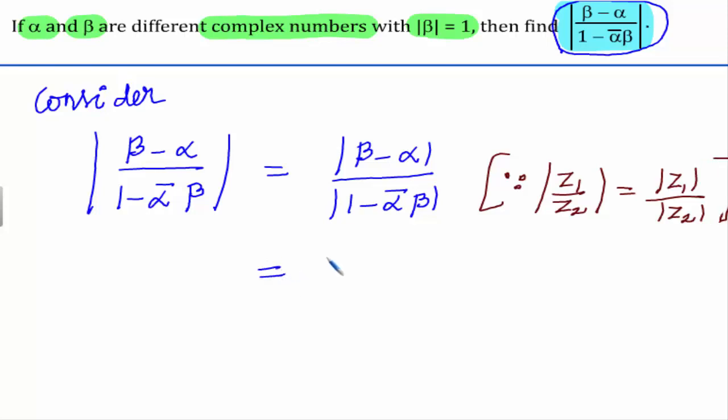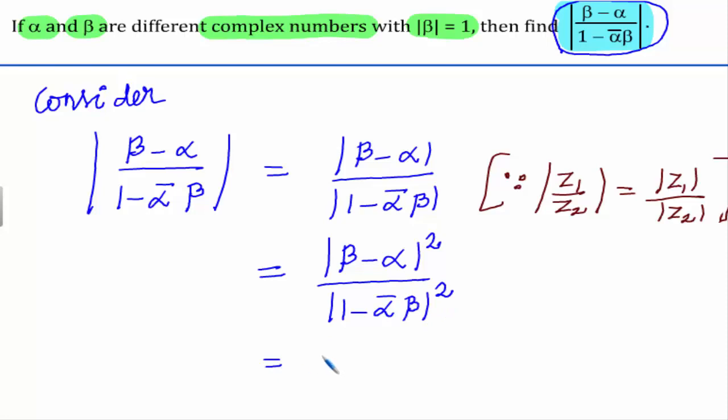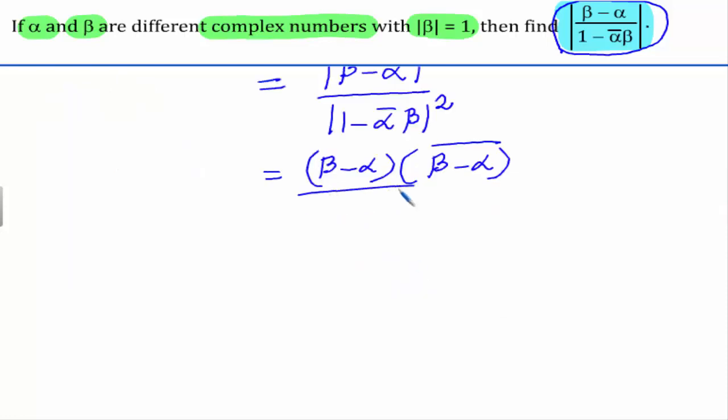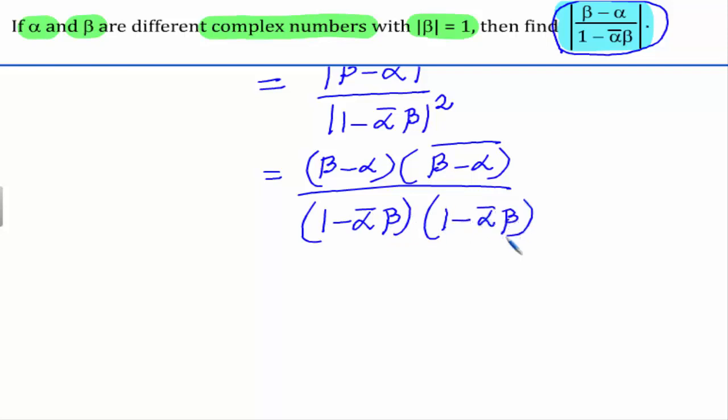Let us now square the numerator and the denominator. This can be written as (β − α) multiplied by conjugate of (β − α). In the denominator we have (1 − conjugate of α β) multiplied by conjugate of (1 − conjugate of α β).